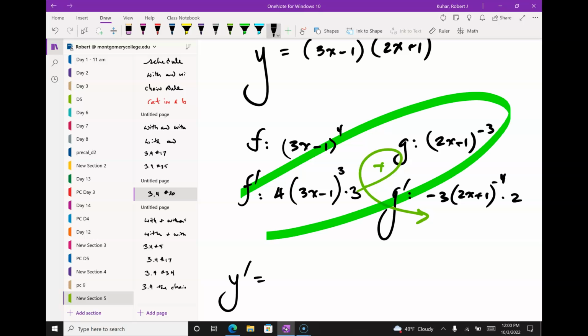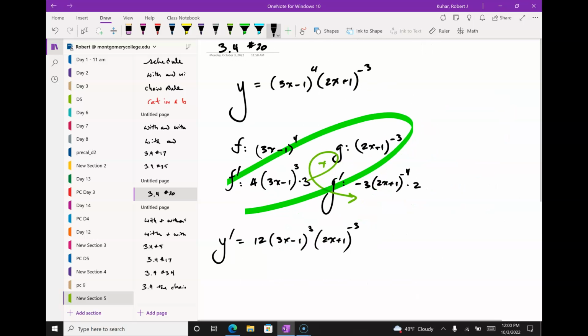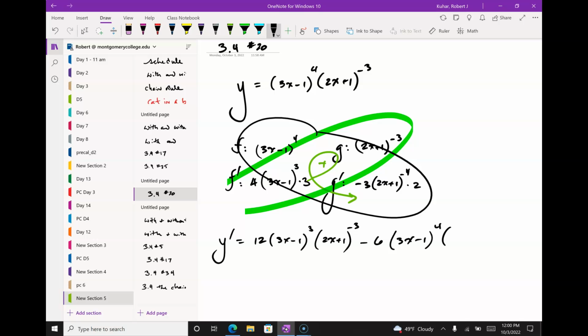So y prime is 12 times (3x minus 1) to the third times (2x plus 1) to the negative third. Everybody with me? And then I need this loop, so that's a minus 6 times (3x minus 1) to the fourth times (2x plus 1) to the negative 4.